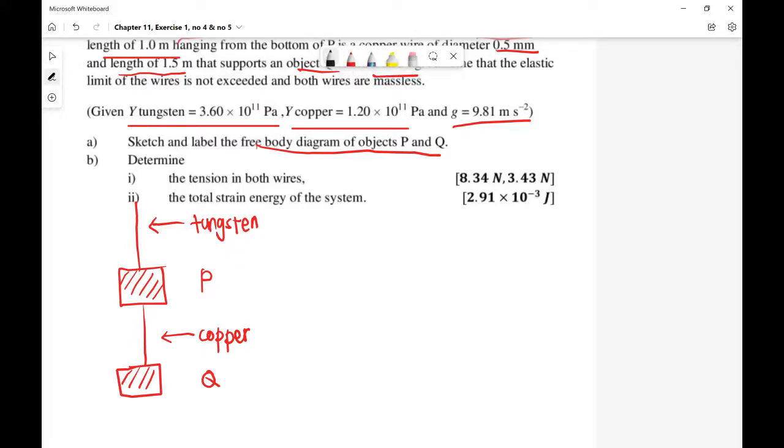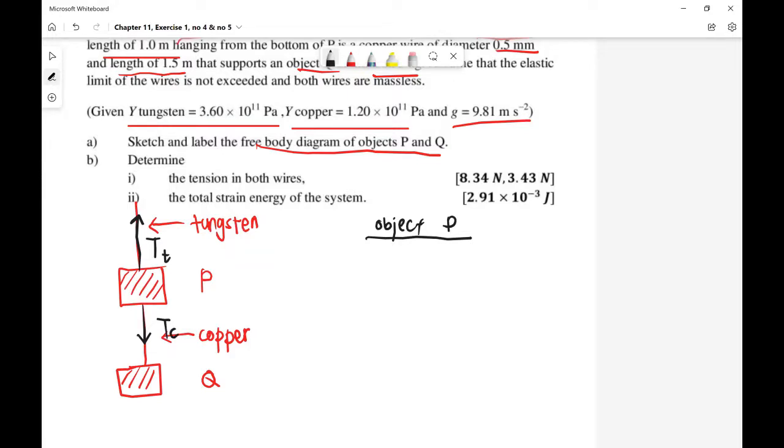Okay, kita lukis dulu untuk objek P. Dekat objek P, forces yang ada pada objek P adalah tension of tungsten wire, so maybe kita boleh label dia sebagai TT, T stand for tungsten. And then kat bawah ni juga ada copper wire, jadi akan ada tension tapi menjauhi objek P, ni adalah TC, C stand for copper.